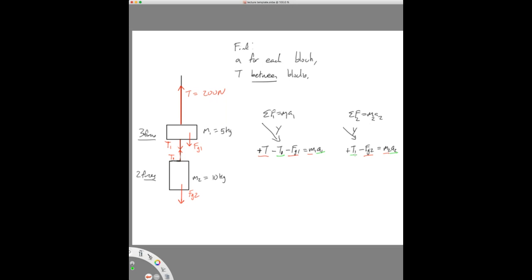So does anyone know how you solve two equations with three unknowns? The answer is no. Not only do you guys not know it, but I don't know it, and nobody knows it. Okay, nobody on Earth can solve two equations with three unknowns.